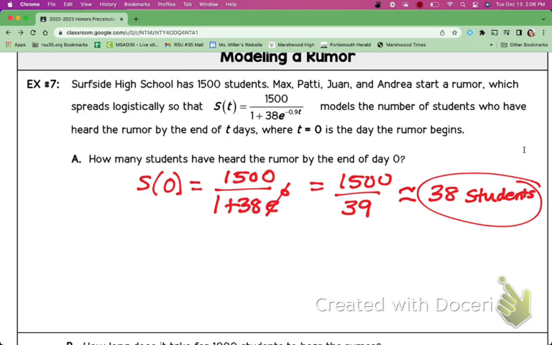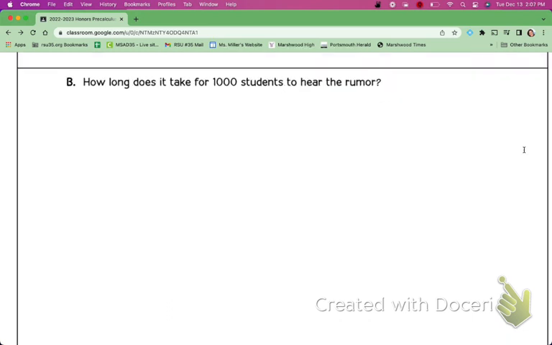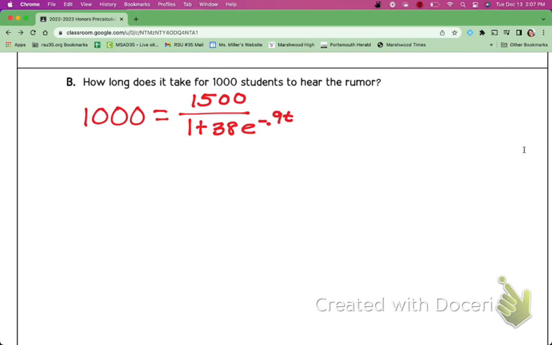And then for part B, how long does it take to get to 1,000 students? So we're going to plug 1,000 on the left. So 1,000 is equal to 1,500 over 1 plus 38e to the negative 0.9t. By the rules of proportions, I can just switch this.